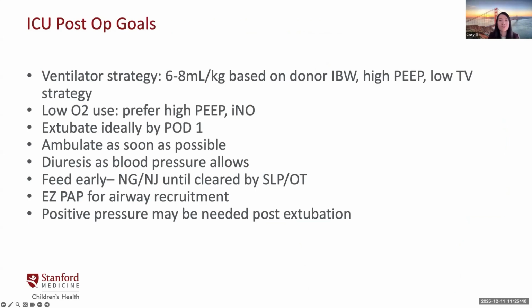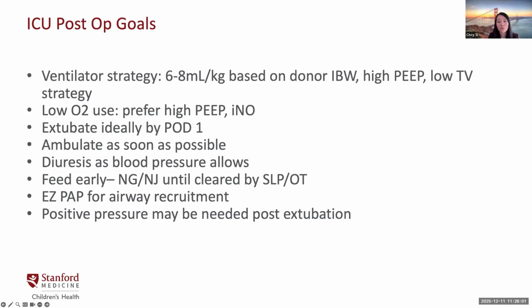After the transplant procedure, all patients go to our cardiac ICU. And so what are our post-op goals for these patients? From a ventilator strategy standpoint, we like to ventilate with a low volume strategy and a high PEEP strategy.